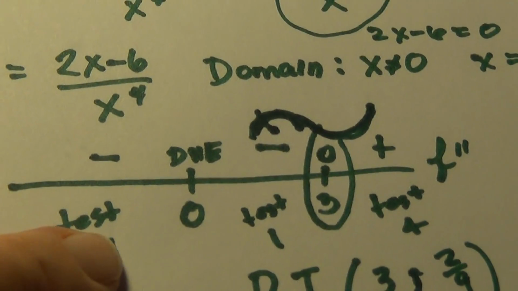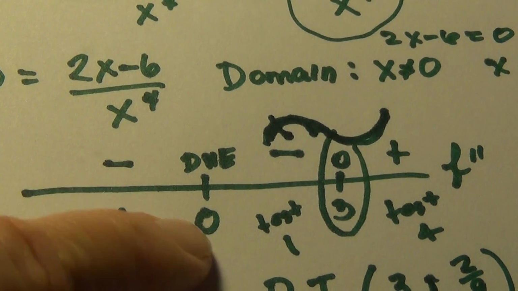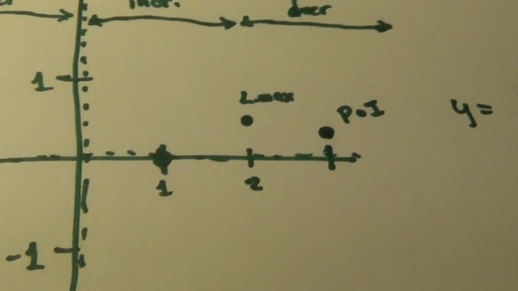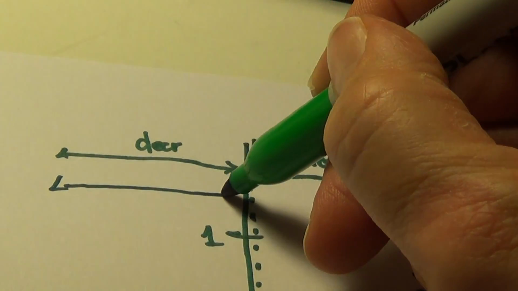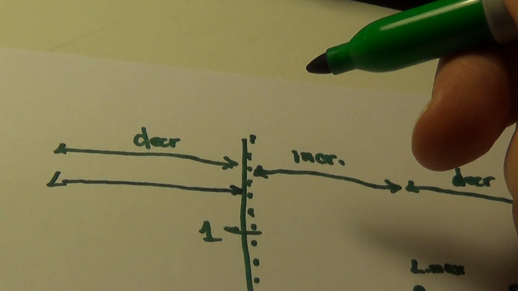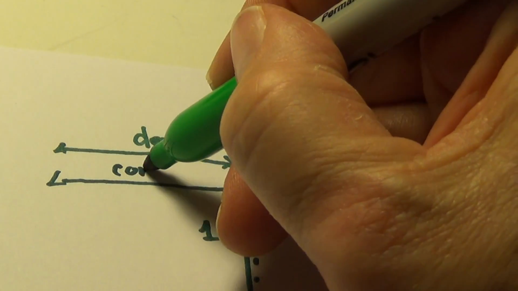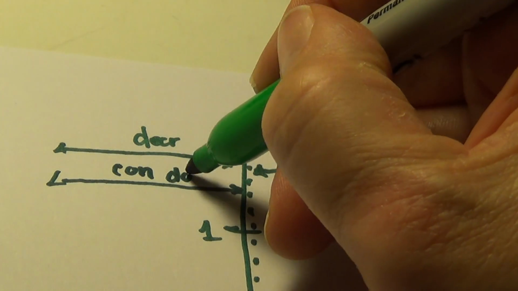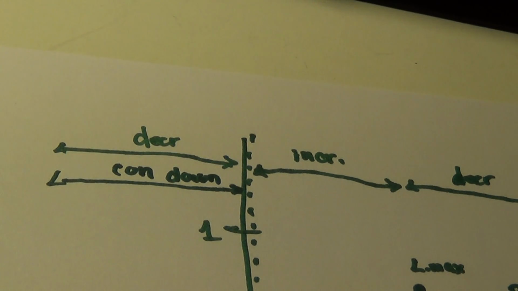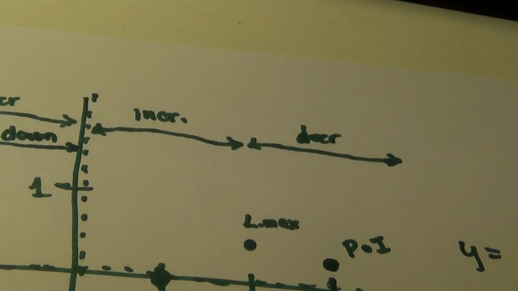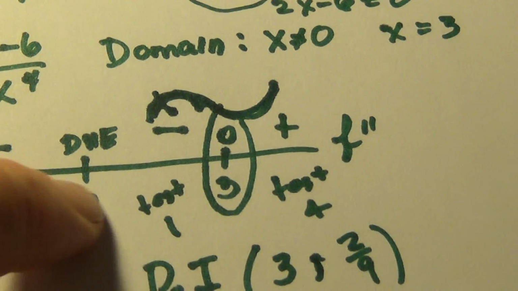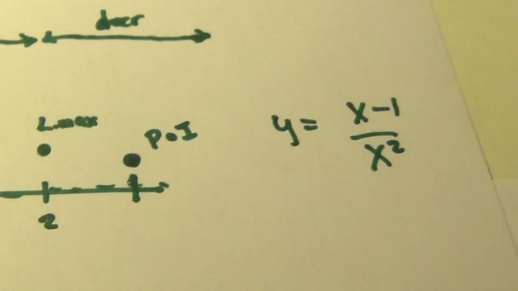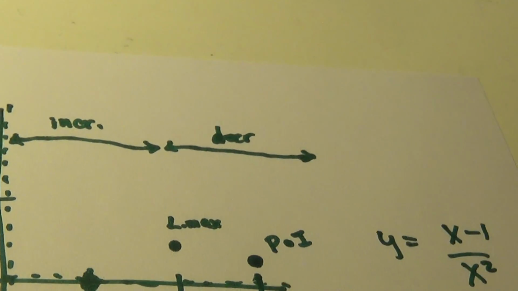Looking at these intervals, we had concave down from negative infinity to 0. So I'm going to add that to my notes. In this section, we are expecting concave down. And then on the next section, from 0 to 3, I'm going to mark that on here.